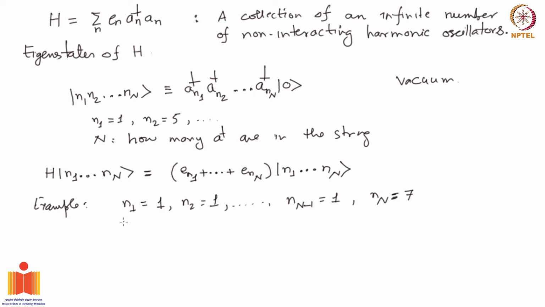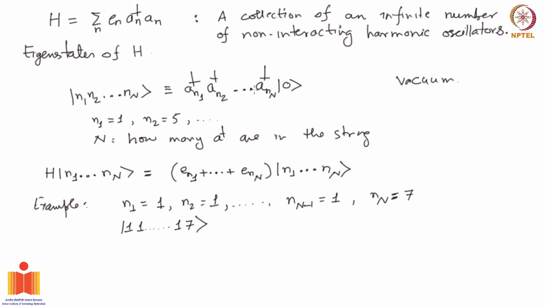So you have a state 1, 1, 1, 7. This is one of the eigenstates of the system, right? So you'll have here a1 dagger, and so on and so forth, a1 dagger, and finally a7 dagger.